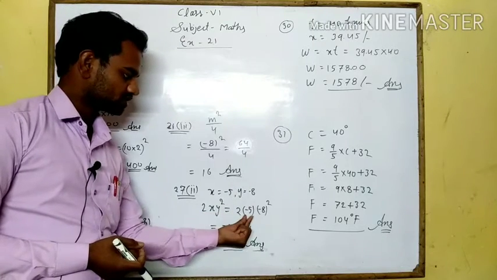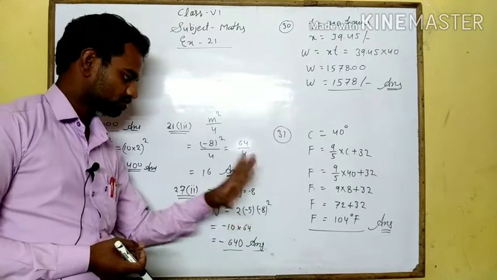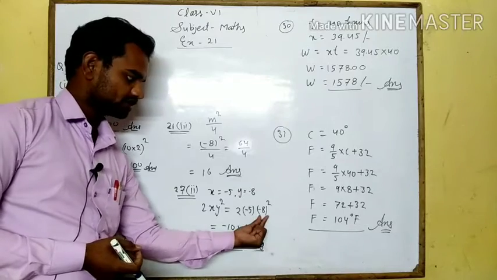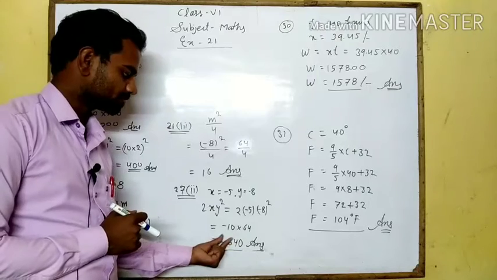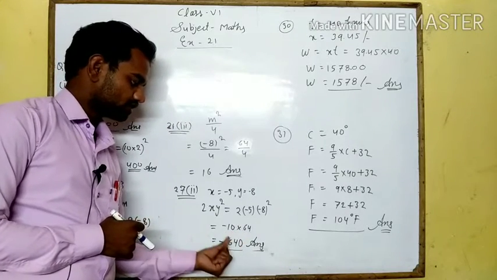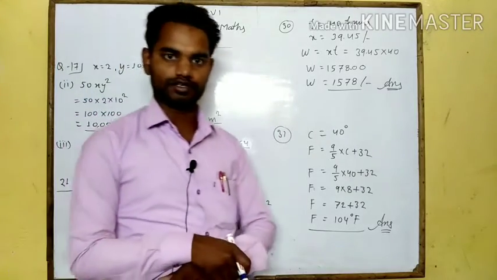Then 2, this is x, this is y, and this is square. 5 twos are 10. This will be minus 10 into minus 8 into minus 8. 8 eights are 64. You know, minus into minus will be plus there. 64 into minus 10, so this is 640, and minus into plus will be minus. Minus 640 will be the answer there.